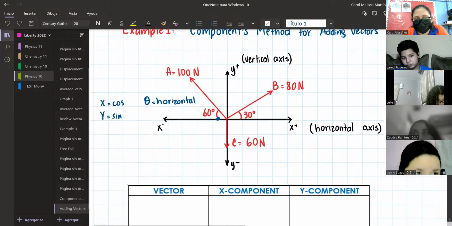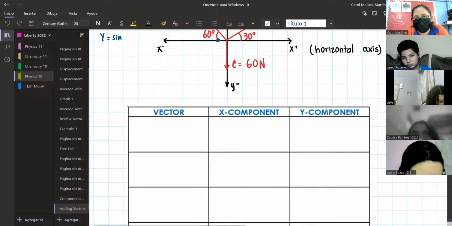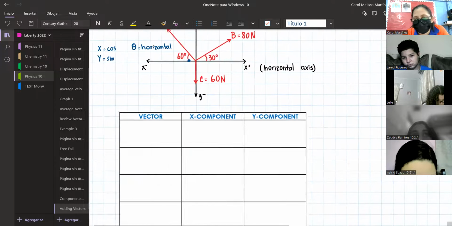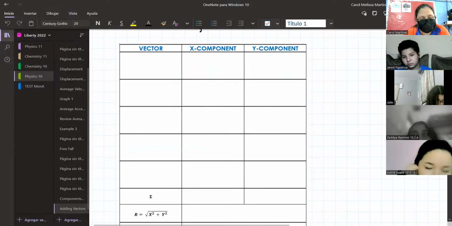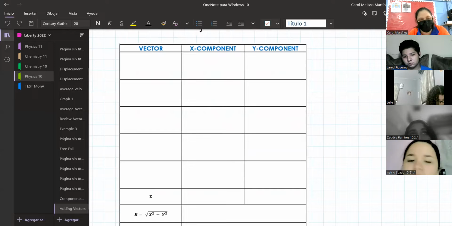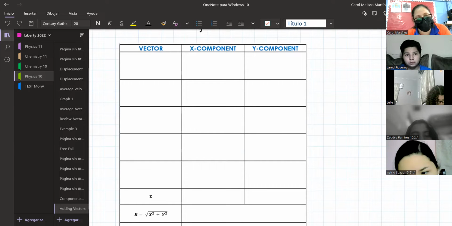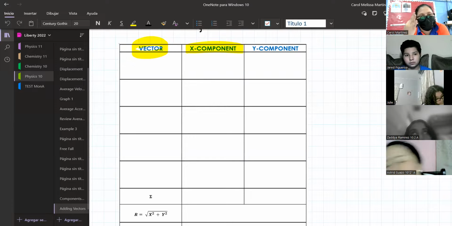So to add vectors, we're going to need to build a table like the one that you are seeing over here. It is a table that has 3 columns. In the first column, you have vector. In the second column, you have x component. And in the third column, you see the y component.